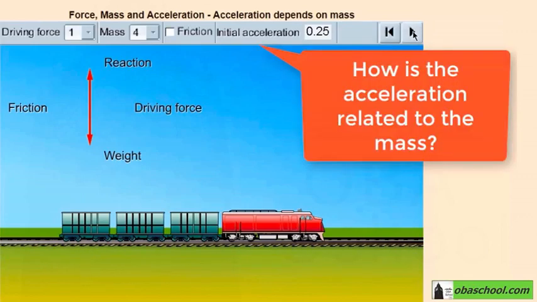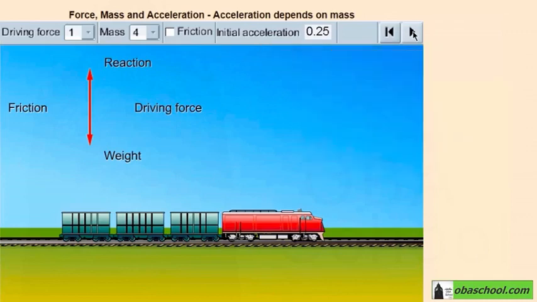How is the acceleration related to the mass? Well, as we increase the mass from 1 to 4, the initial acceleration decreased from 1 to 0.25.